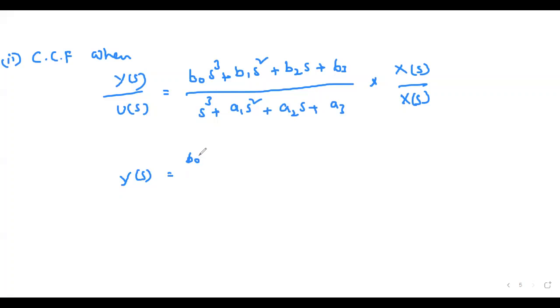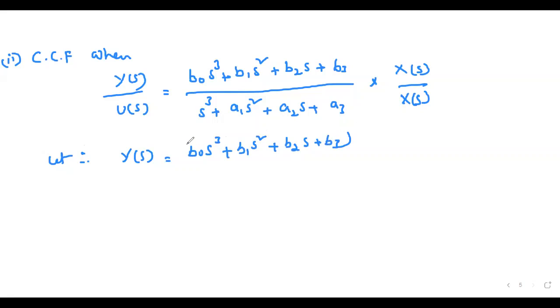That way I will assume that y of s is equal to b naught s cube plus b1 s square plus b2 s plus b3 into x of s, and u of s is equal to s cube plus a1 s square plus a2 s plus a3 into x of s.